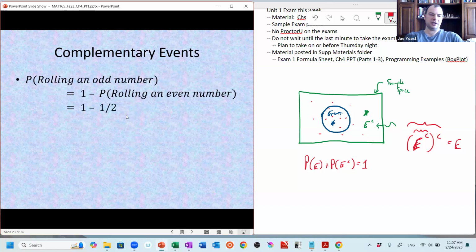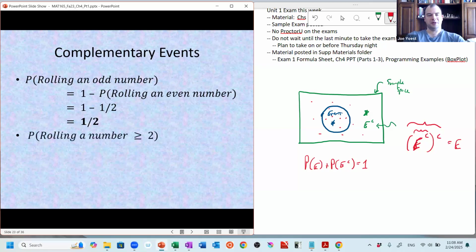But I know I roll an even number half of the time, so that's 1 minus 1/2, or a half. The probability of rolling an odd number is a half. That makes sense. We didn't really get much advantage here by using this complementary event rule. But just to go through the motions one time with a simple structure so we understand what's going on.